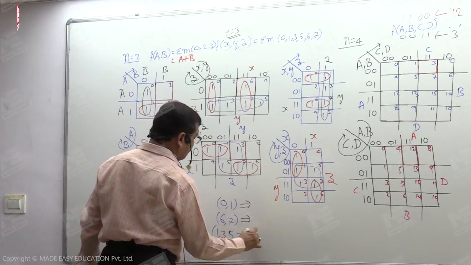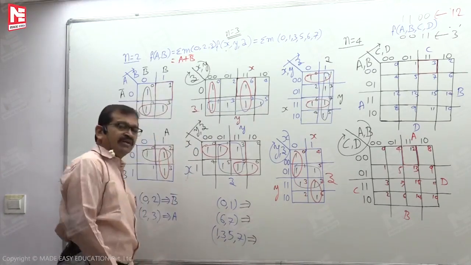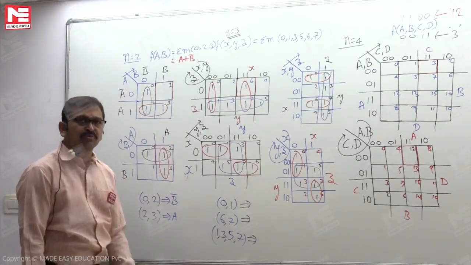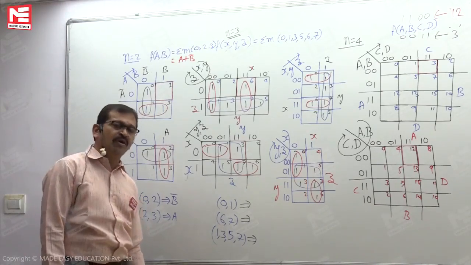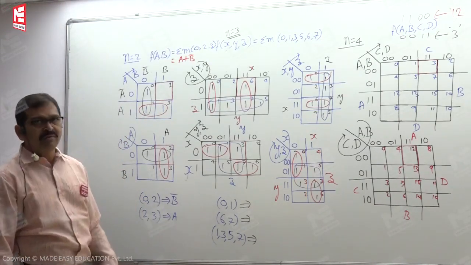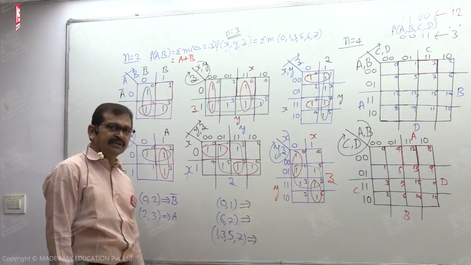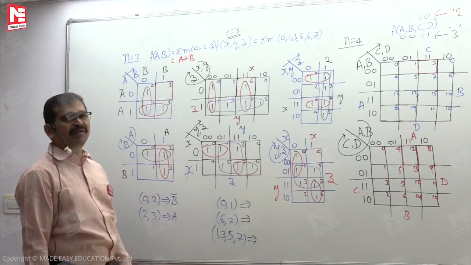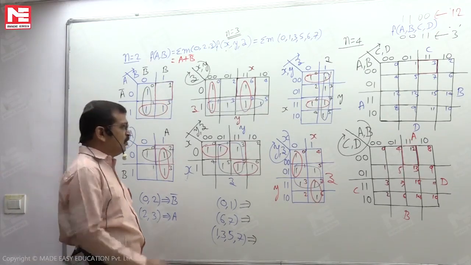So how to read the product forms? We already know. What are the variables which are common on the total subcube? Only those variables will be present in the product form. The variables which are not common on the total subcube are not present in the product representation. So based on this, look into any format.